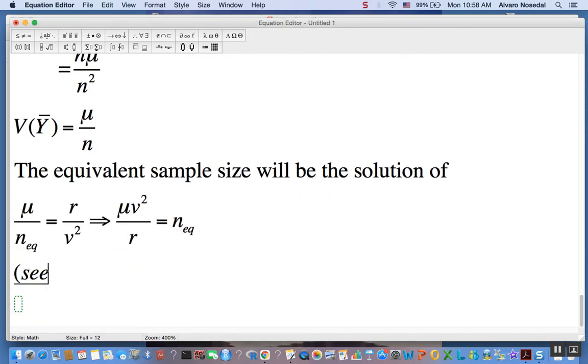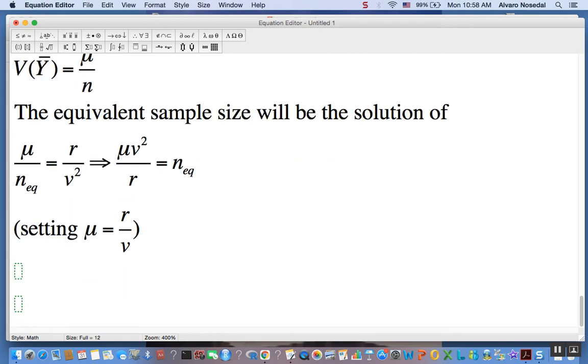So setting mu equal to r divided by v, which is the prior mean for gamma. What we end up with is this, right?